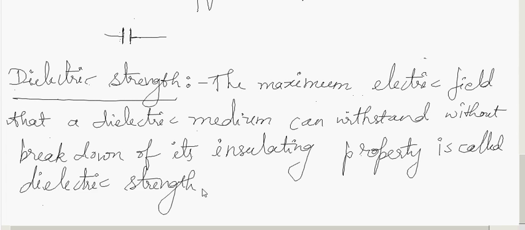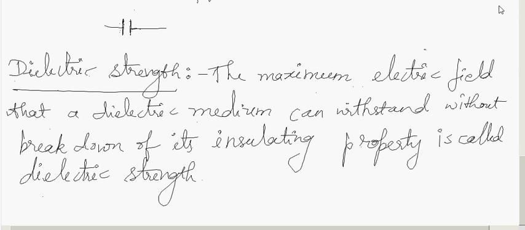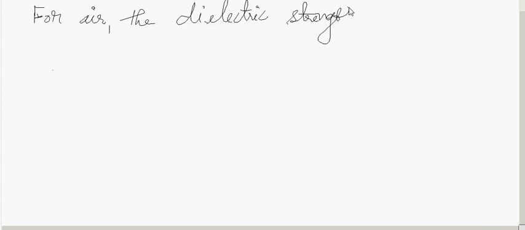So what is the potential difference between the conductors now? The potential difference will be 3 into 10 to the power 6 multiplied by 1 into 10 to the power minus 2, that is 3 into 10 to the power 4 volts. For a separation of 1 centimeter, the potential difference between the plates is around 3 into 10 to the power 4 volts.